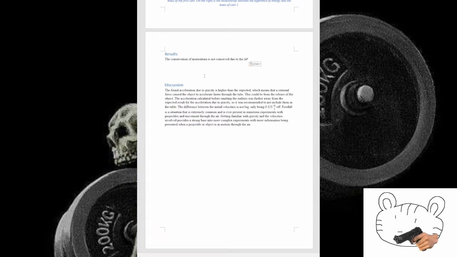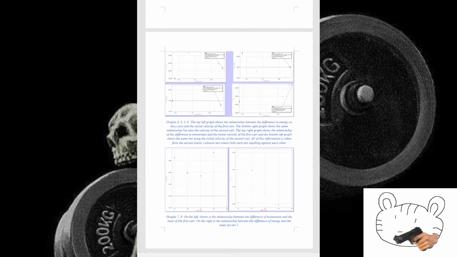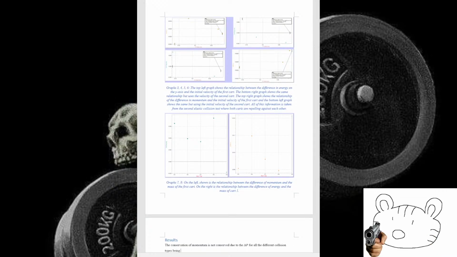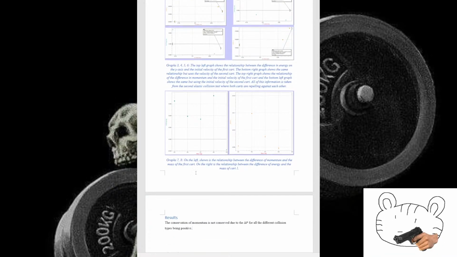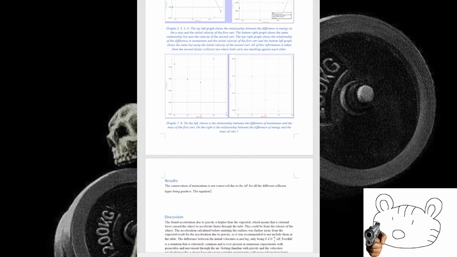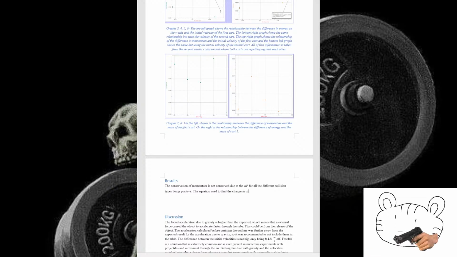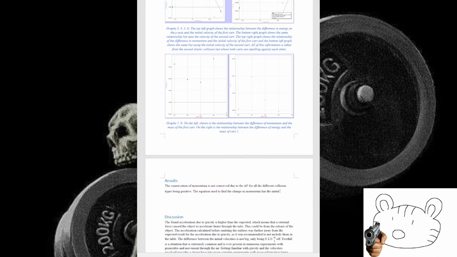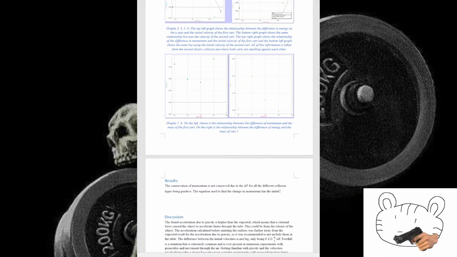Delta P for all the different collision types is positive, because the equation used to find the change in momentum has initial minus final, so then that means it goes down.